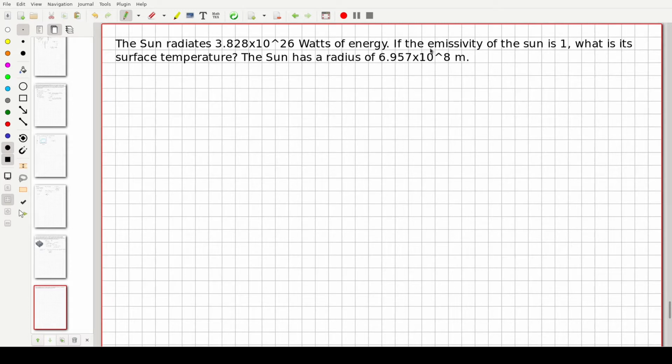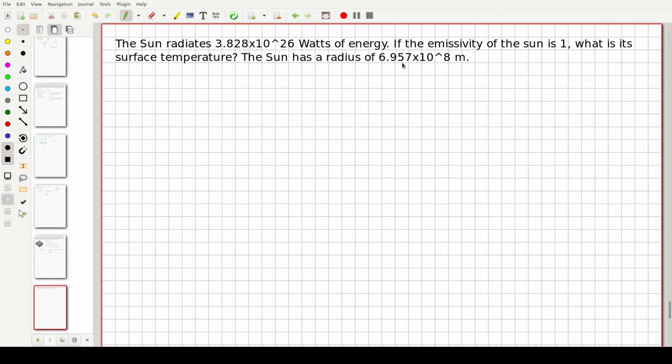So what that means is if you absorb everything that falls onto you, you're black. That's the color that you have. That's the reason why they're called black bodies: if you take away the energy that they're emitting, they would appear to be truly black. Now, what I want to know is its surface temperature. We know its radius.